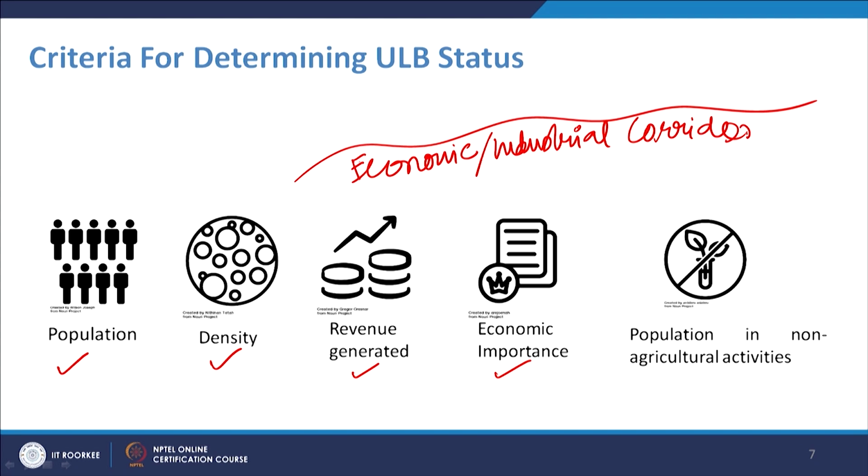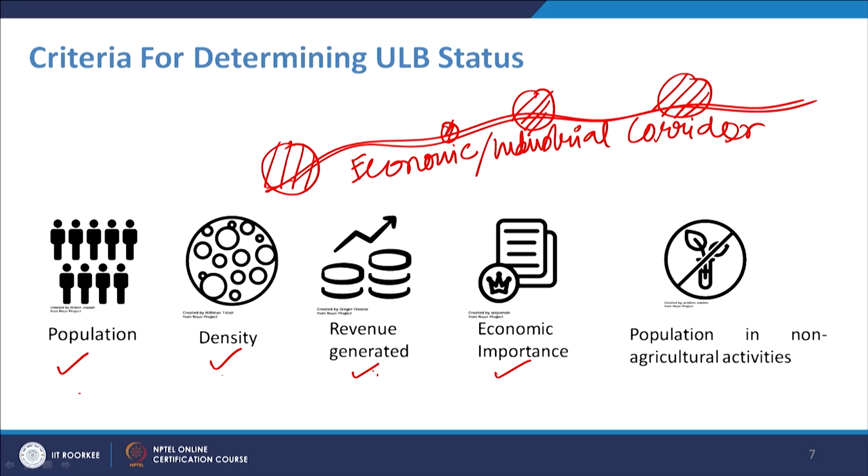When we make a corridor, there could be settlements of several sizes, and due to the importance of the corridor, some of the settlements can automatically be adopted or selected as the urban local body. So those kinds of criteria will be there in addition to population, density and revenue generated.